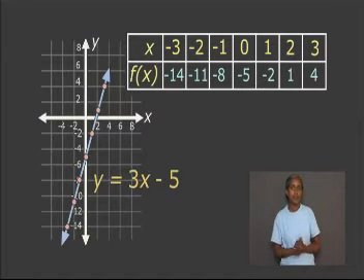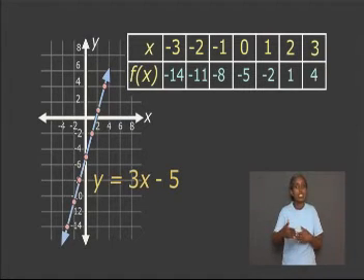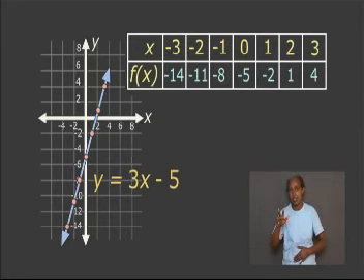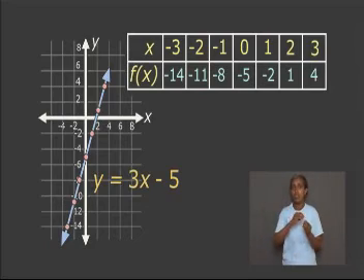The point furthest to the left is at the xy coordinates (-3, -14). The point furthest to the right is at the xy coordinates (3, 4). How did you do, students? I am sure that you did not find this activity too difficult.